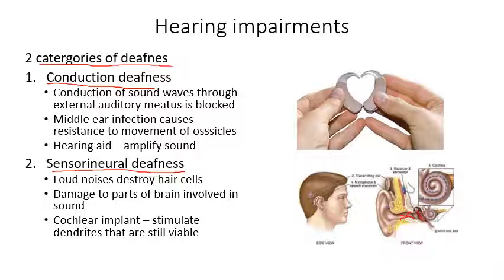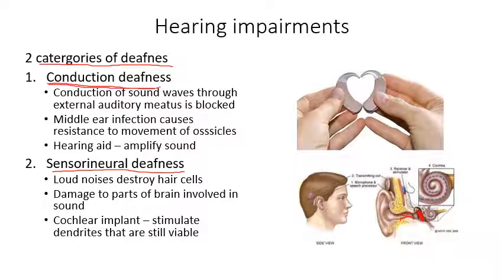The middle ear is an air-filled cavity where the ossicles can move. But when you have a middle ear infection, pus accumulates, and the ossicles are harder to move, and then they have less ability to vibrate the sounds onto that oval window into the cochlea. So those are some forms of conduction deafness.